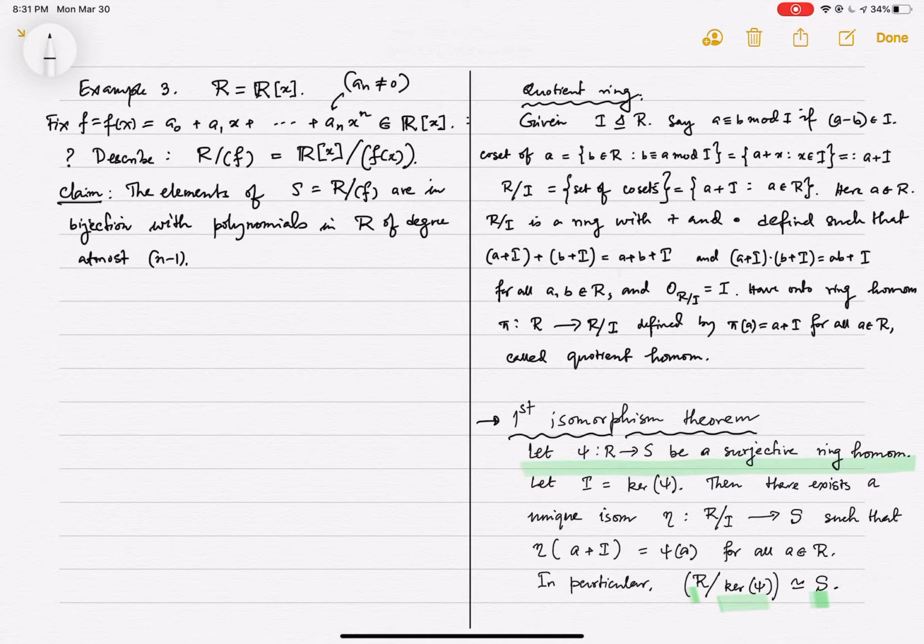N, remember, is the degree of the f you fixed. Then the elements of the quotient ring are in one-to-one correspondence with the polynomials of strictly lower degree.